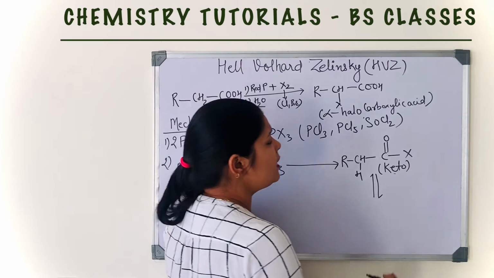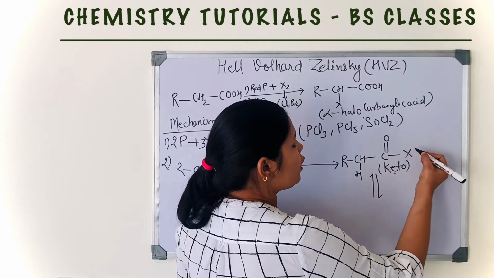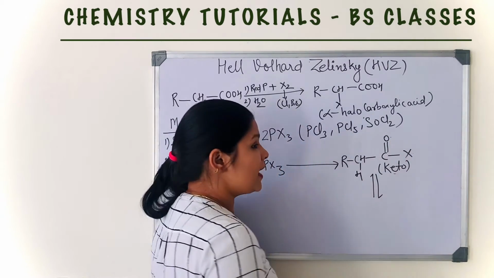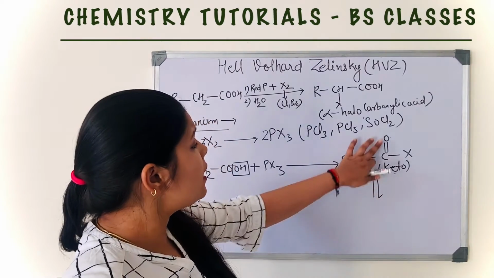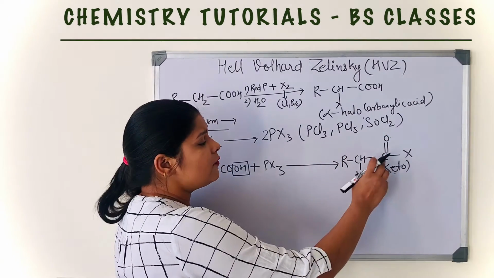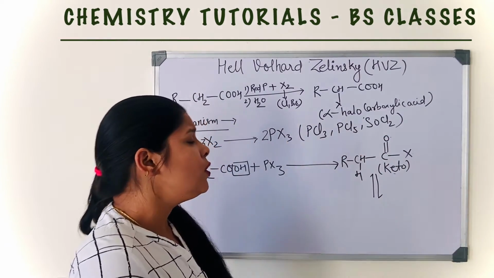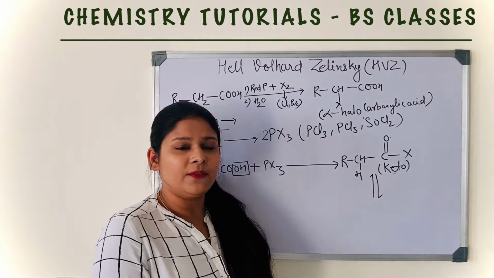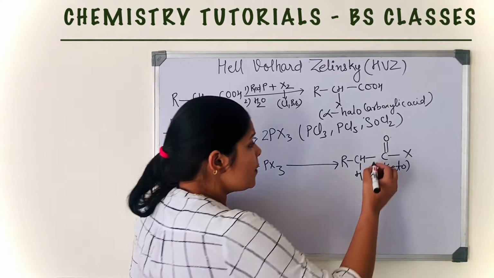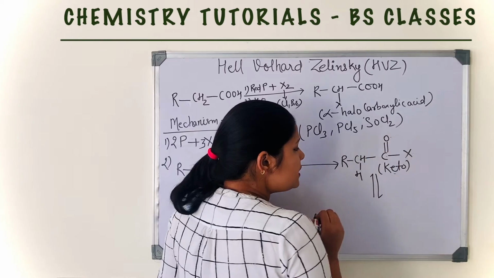How will it convert? The electronegativity of chlorine and oxygen is very high. It withdraws electron toward itself from the carbon, so the carbon is an electron deficient center.